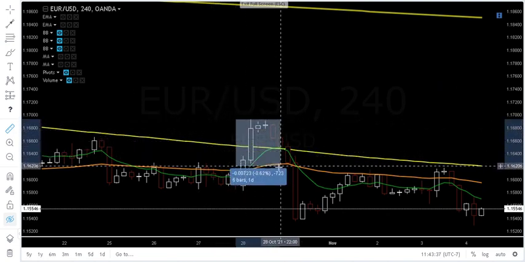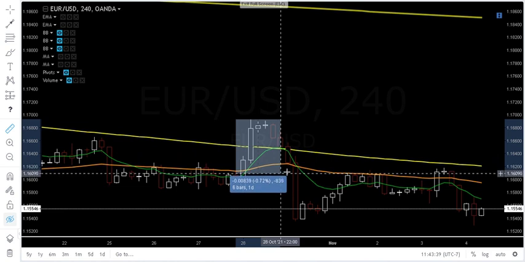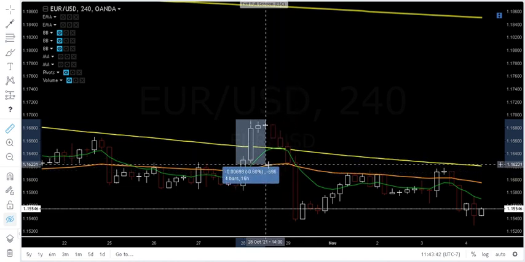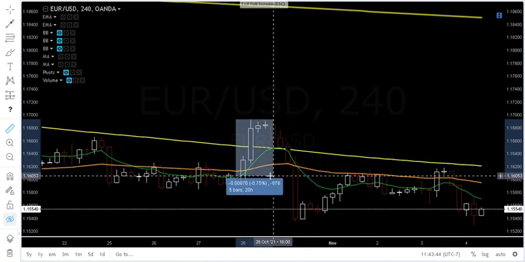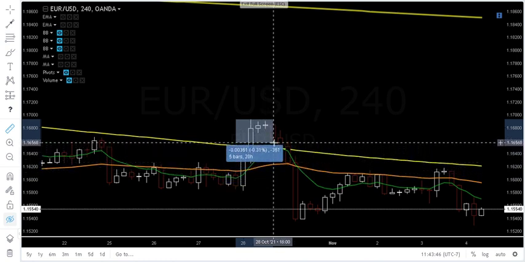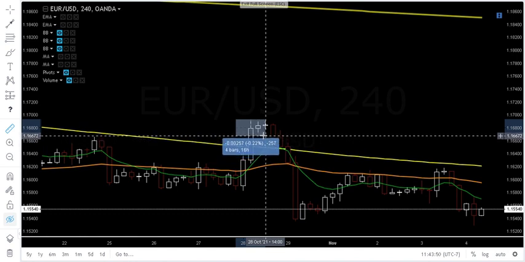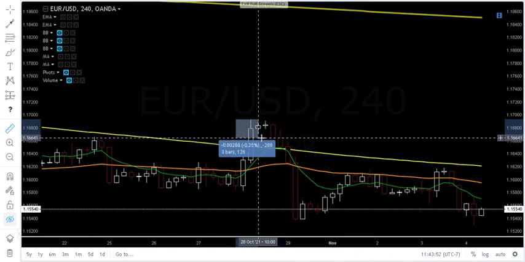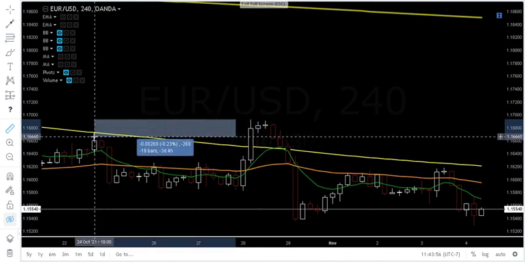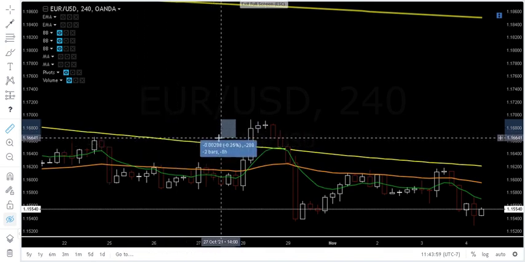It's crazy. Actually, it was more than that. Yeah, no, because price was about right here. Based on this area right here, the highest candle, it was like 285 pips. Yeah, within like 40 minutes. Crazy.